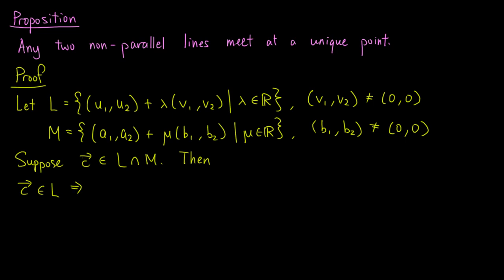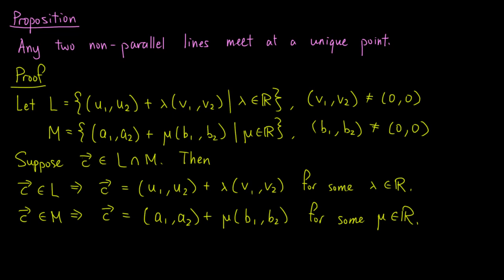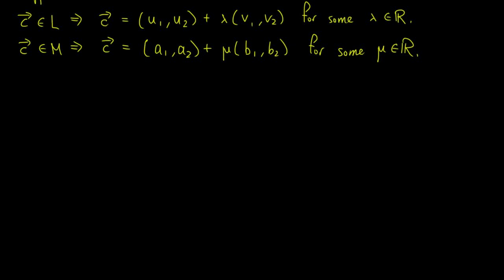Now, C is an element of L implies that C equals (u1, u2) plus lambda times (v1, v2) for some real number lambda. Also, C is an element of M implies that C equals (a1, a2) plus mu times (b1, b2) for some real number mu.